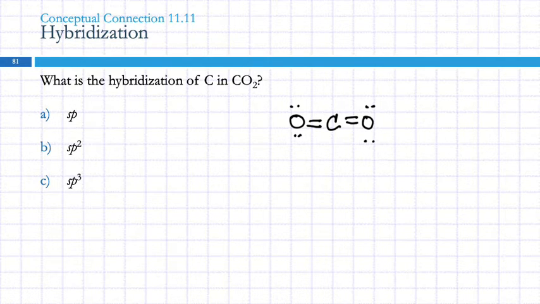How many electron groups? 2. So I need 2 groups. So I'm going to have sp hybridization. What if I need 4 groups? 1, 2, 3, 4, sp3 hybridization. What if I need 3 groups? 1, 2, 3, an s and 2 p's.